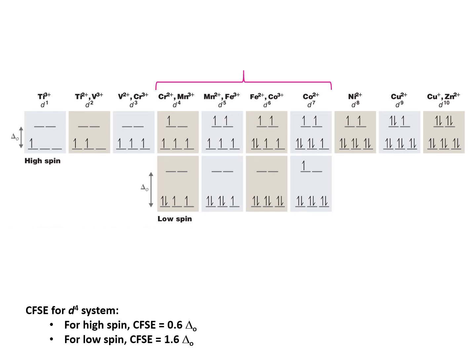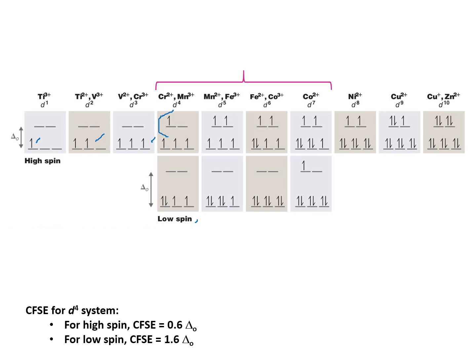This is a clear representation of how the electron distribution takes place from d1 to d10 systems. This is extremely important. Look very carefully. This is d1, it has no other option. This is d2, no other option. It is d3. The problem starts from d4. The fourth electron has two options.